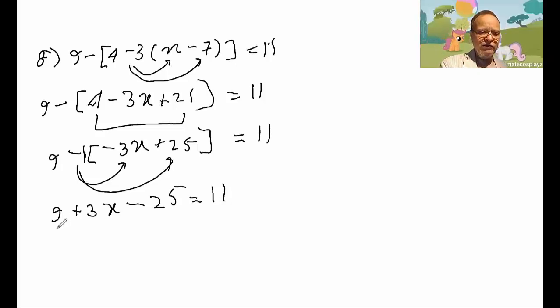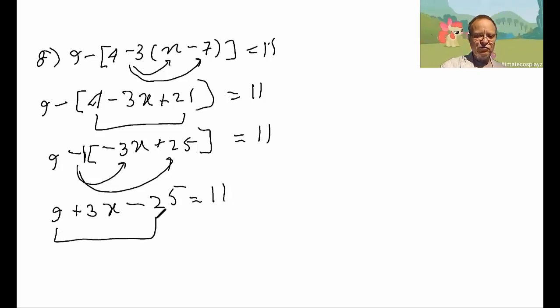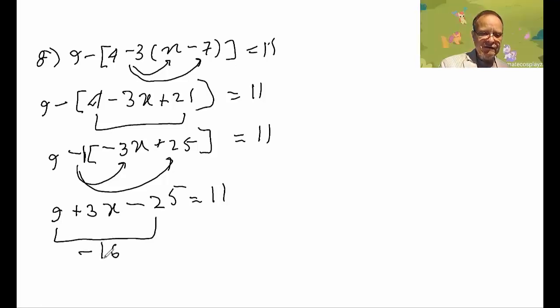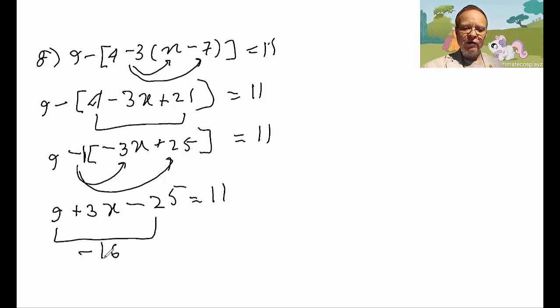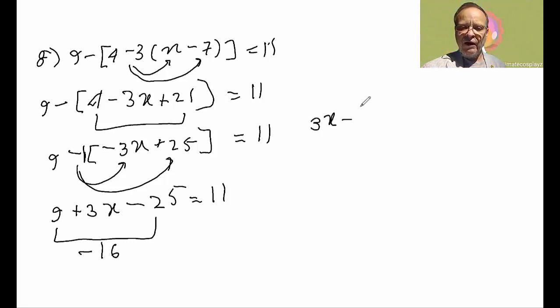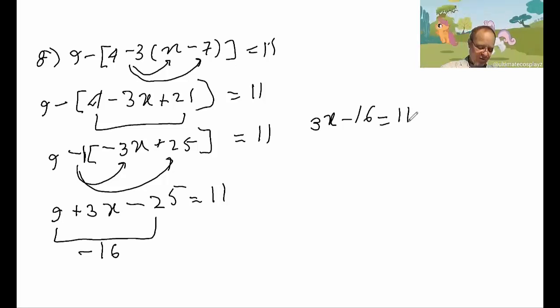Now what we want to do is gather these two terms. Notice that we have a plus 9 and a minus 25, so that will give us a minus 16. So then we can rewrite this as 3x minus 16 is equal to 11.